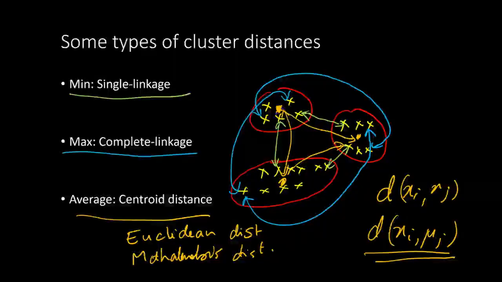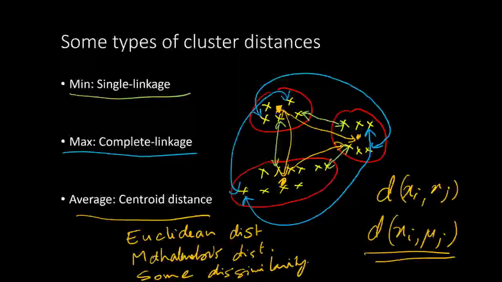For example, it could be based on the inverse of similarity, where similarity is computed by a Siamese neural network or something along those lines. So it could be some dissimilarity metric. It could actually be any pairwise distance.